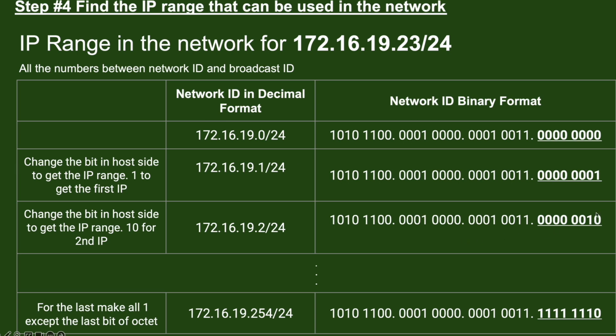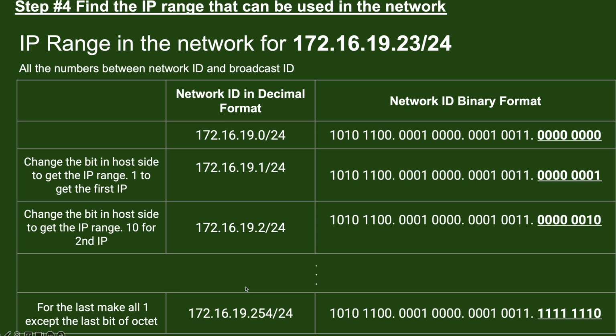As you increase and add these host bits, there will be new IP addresses coming in. You can go on by adding those bits, and each permutation and combination is going to give you a new IP address in that particular range.